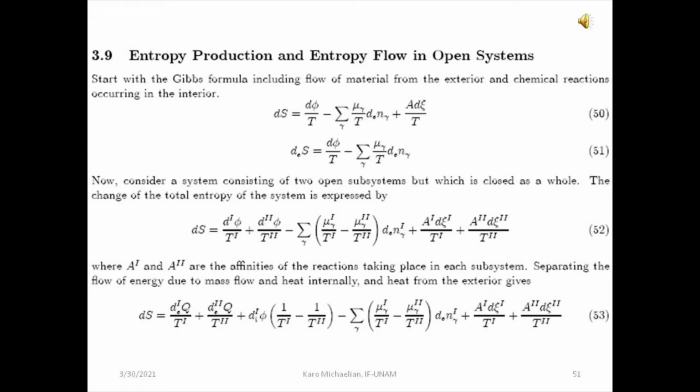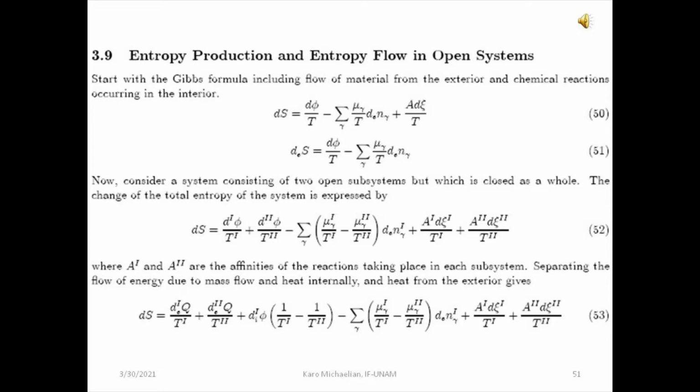Therefore, the first two terms of equation 50 represent the change in entropy of the system due to the flows from the external environment, the flows of heat and energy, plus the flow of material. So we can represent that as d_eS, which is equation 51, which just comprises the first two terms of equation 50.